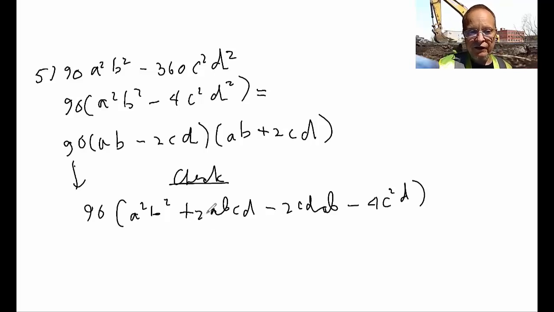I see abcd and cdab, but again, I can rearrange these because it's commutative. So these two cancel out.